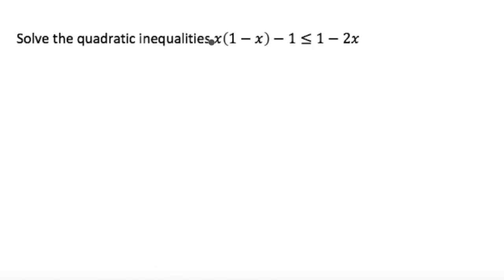Okay, try this. We expand it, so x multiply 1, x minus, x squared minus 1 is less than or equal to 1 minus 2x. So now the power 2 is negative, so I make it positive. I go to the right hand side, so this one becomes 0. Positive and negative go there, become positive.